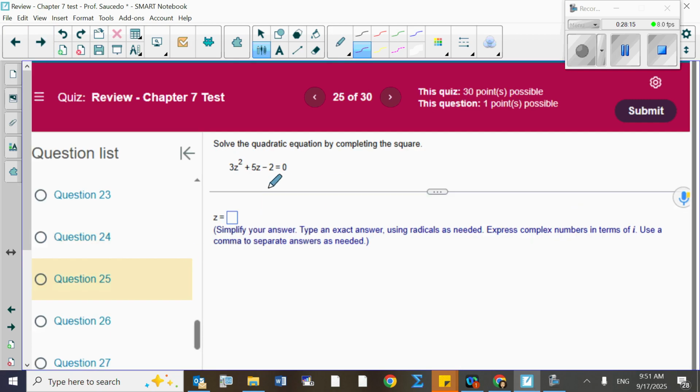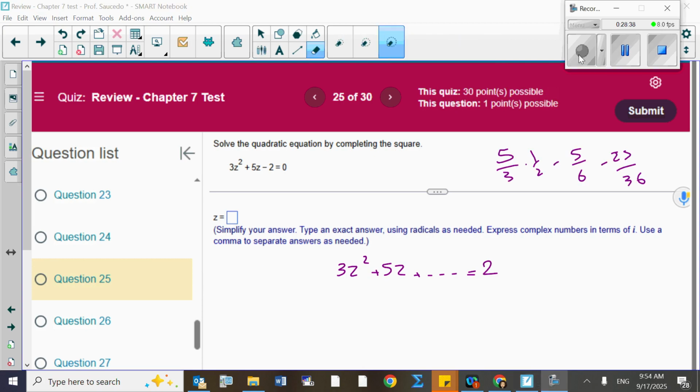Okay, this one we want to solve with completing the square. So I'm going to write 3z squared plus 5z, and I move the 2 to the other side. The 2 is here. Now I need to add something here to make this a perfect square. But before that, this is what I need to do. In order to complete the square, we don't need a coefficient for z squared.